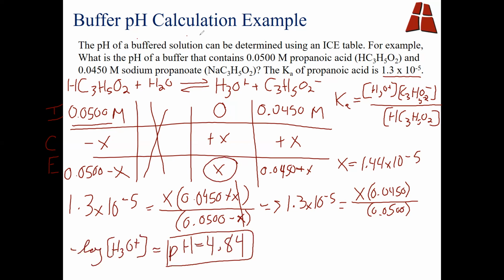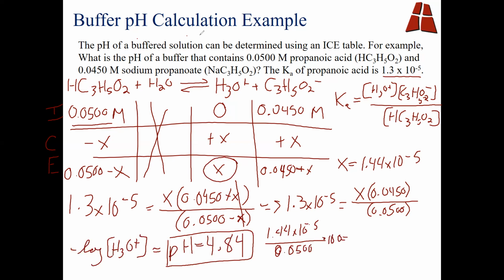One thing I will say is that you of course want to check your x is small approximation still. And so if we were to do that, 1.44 times 10 to the minus 5 divided by our initial concentration. Shouldn't matter which initial concentration you use, they're both quite close, multiplied by 100.